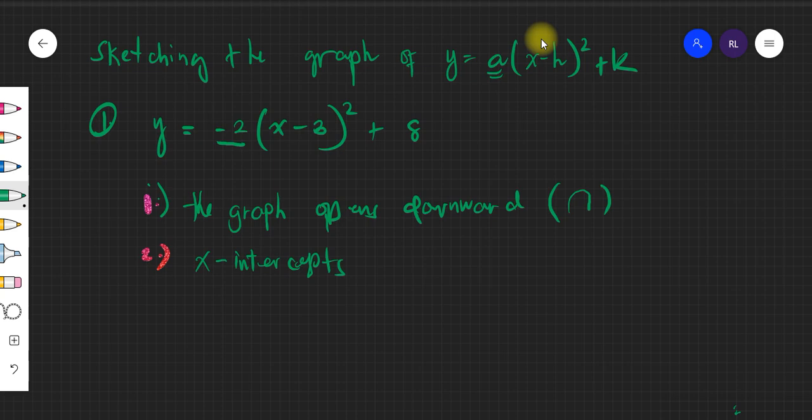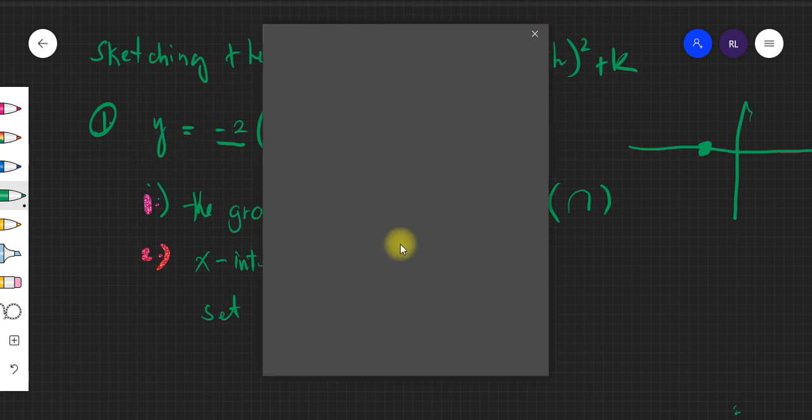For every point on the x-axis, y is always 0. So we set y to 0, then we solve for x.